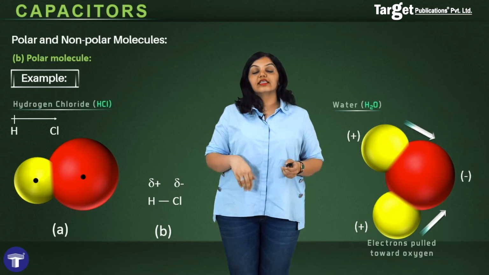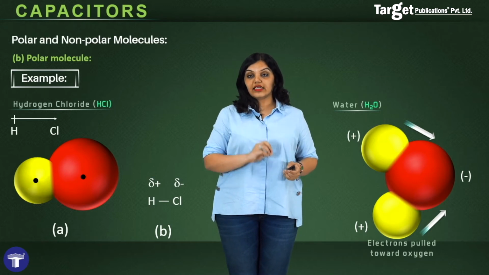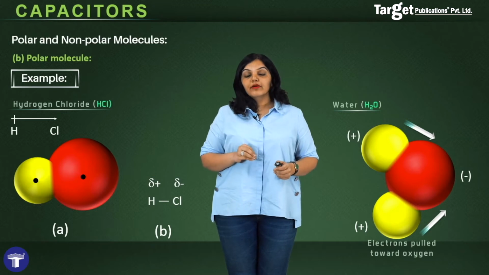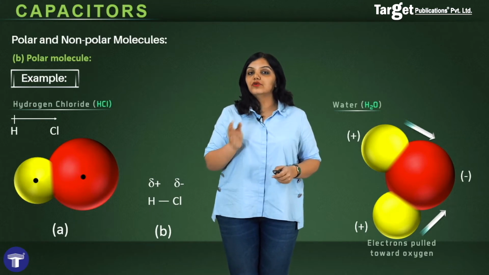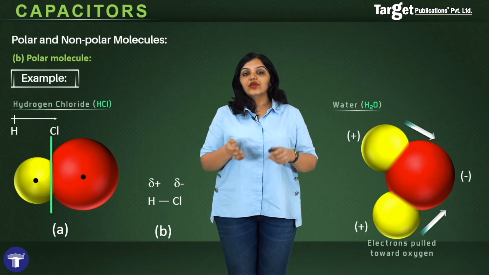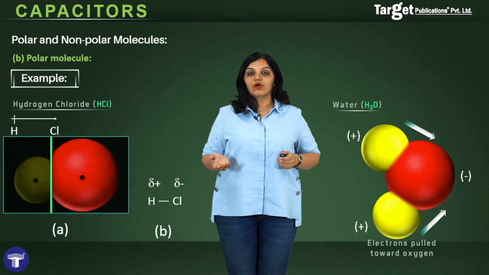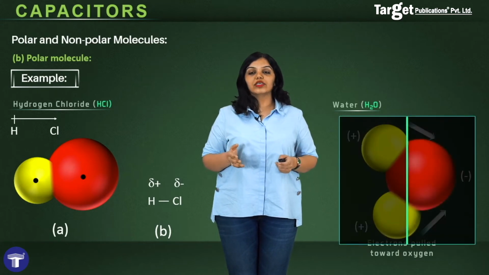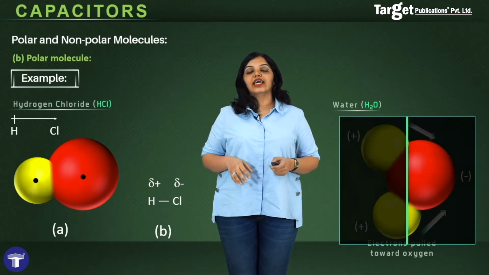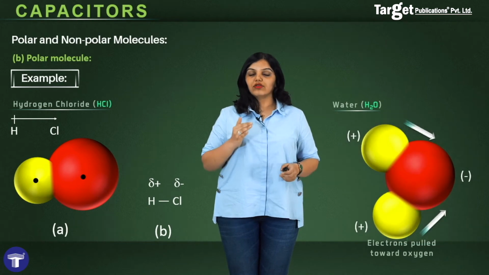So again, here there is a clear separation of the positive and negative centers. Also remember that, like we said, polar molecules will usually not have any symmetry. So here you can see that they are not symmetric about the y-axis. Neither is the HCl molecule, nor the H2O molecule. And this is a good guess to check if a molecule is polar or non-polar.